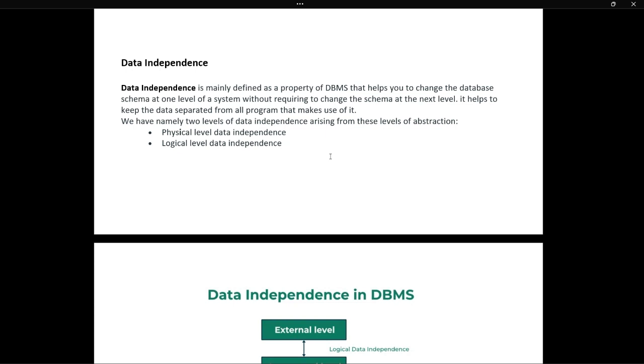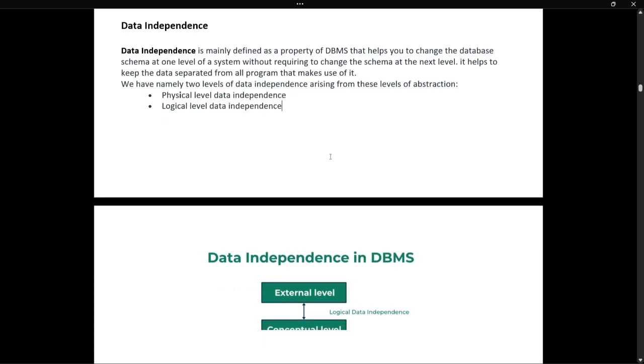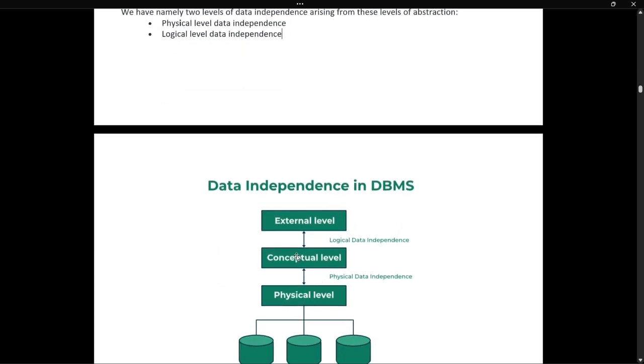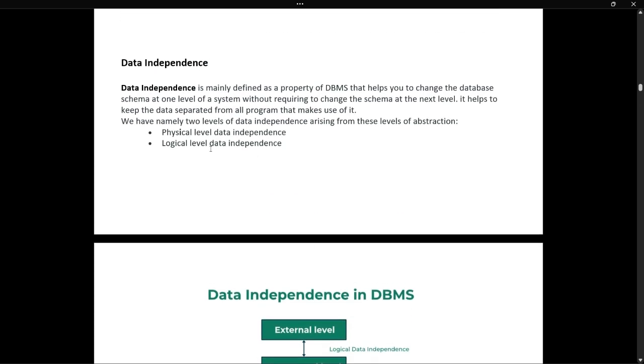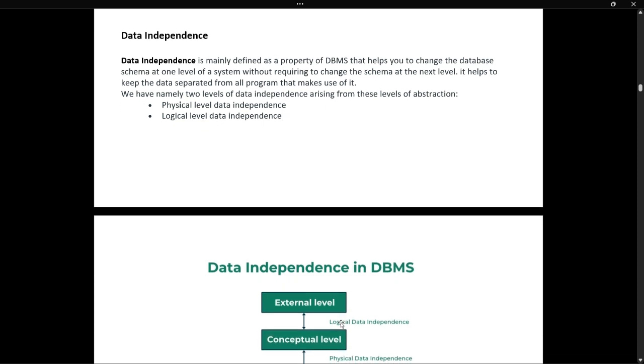So whenever I change data in the physical level, it may affect the conceptual level. To make sure these changes do not happen, and if I make any changes in the physical level, it should not affect the conceptual level or other levels, we use a concept called data independency.